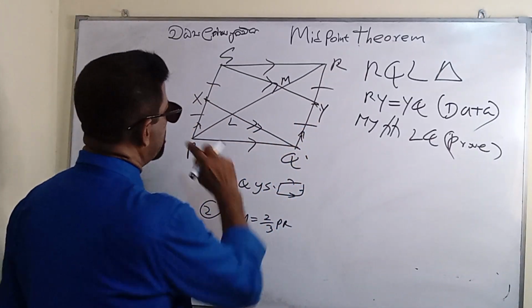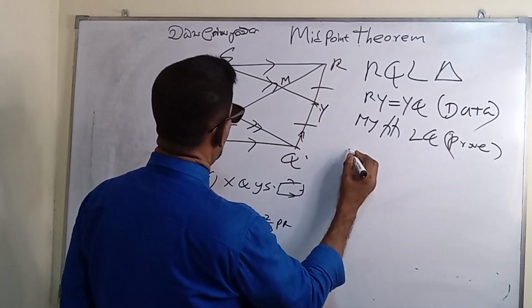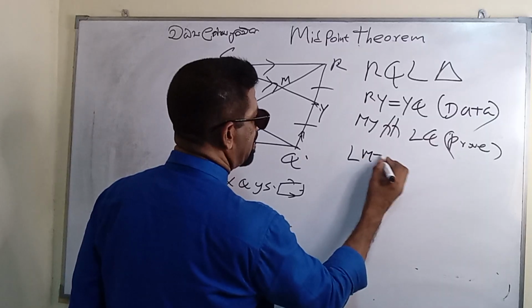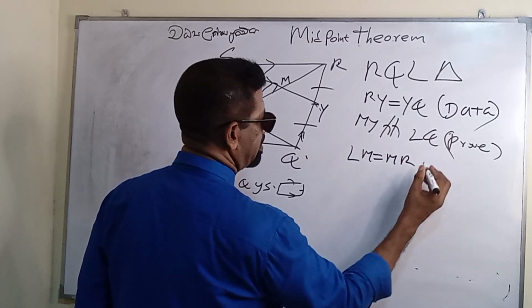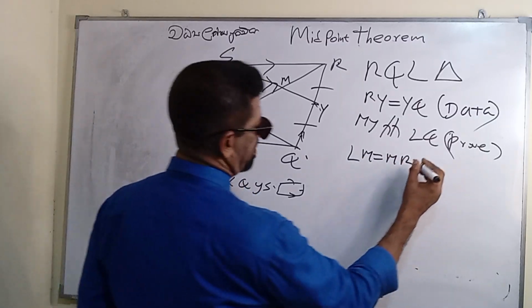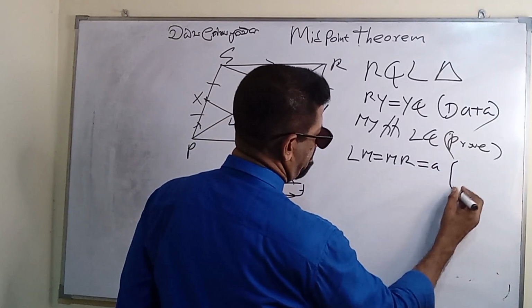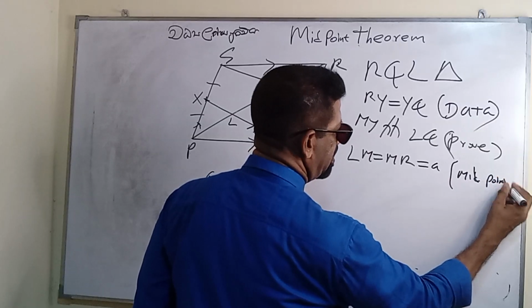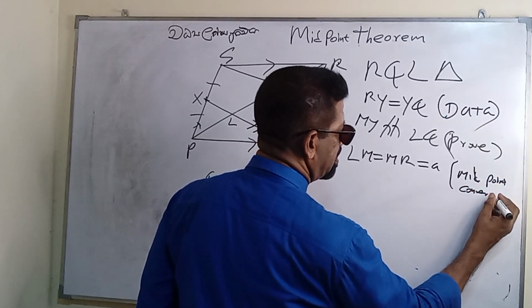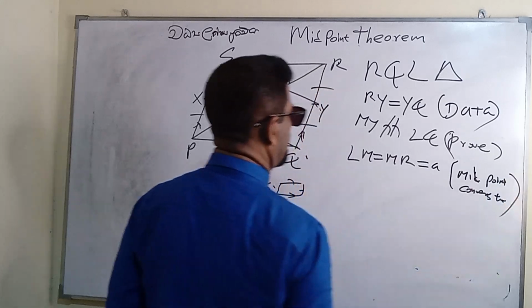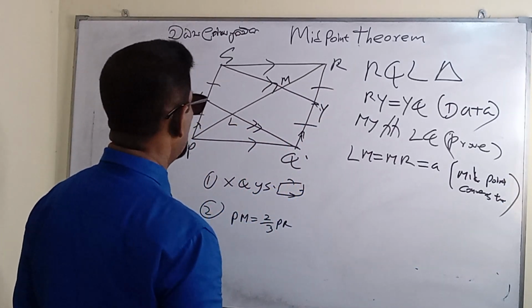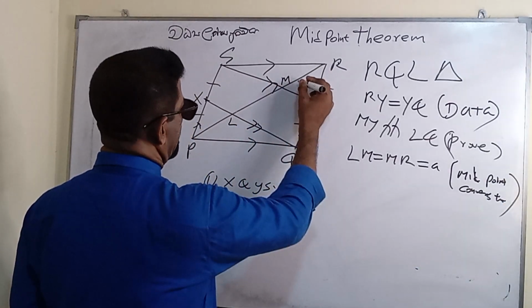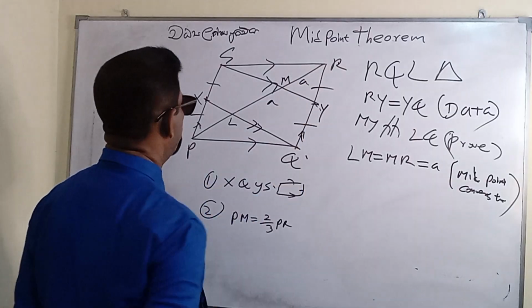Then by the midpoint converse theorem, you can write LM equals MR. Clearly write the midpoint converse theorem. Let this be A.